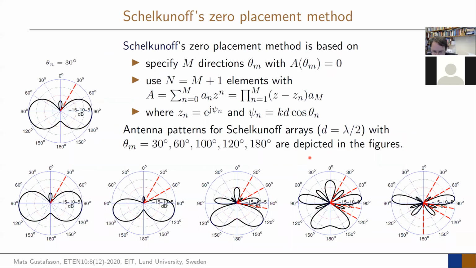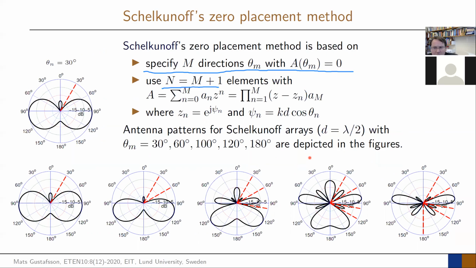So let's start with that one. And that is the first synthesis method we have for these arrays. This is a method that is based on specifying m directions here. And then you have one more element. So the number of elements you have is one more than the directions.